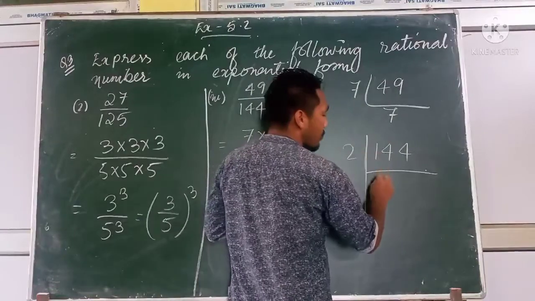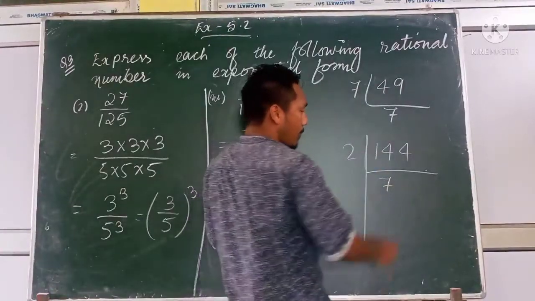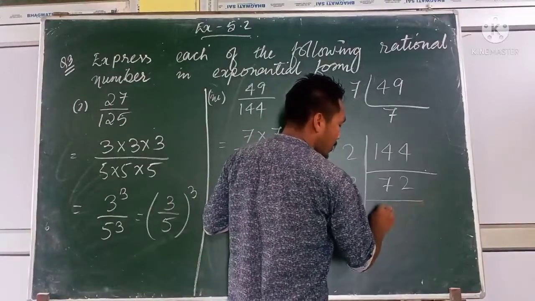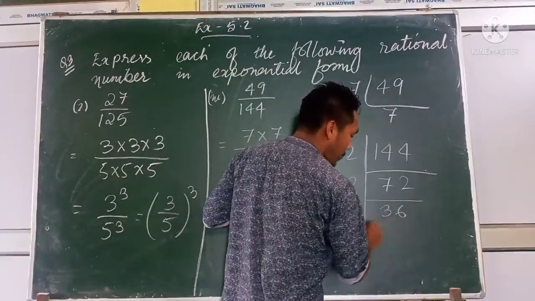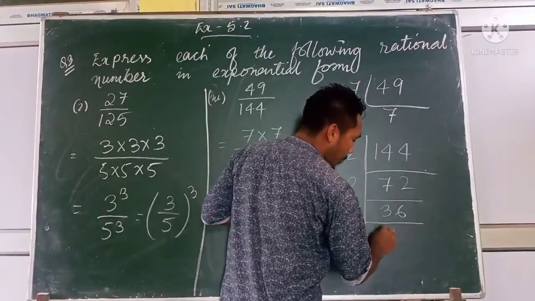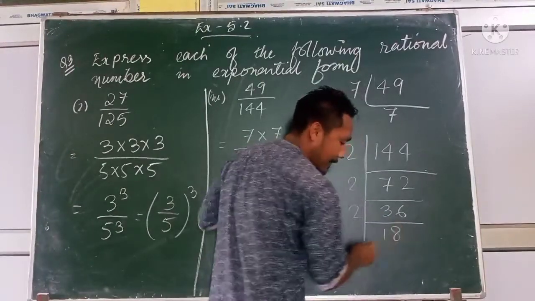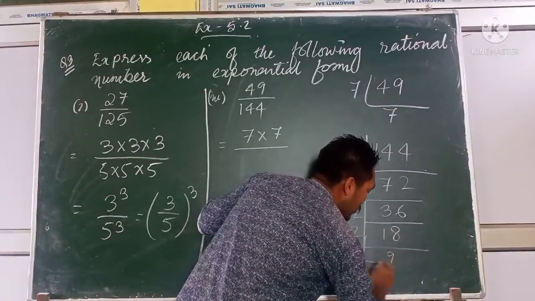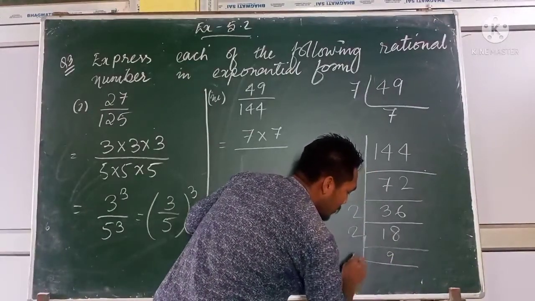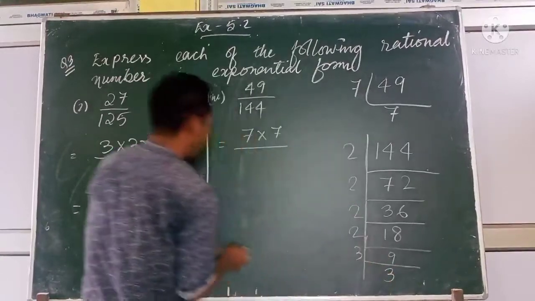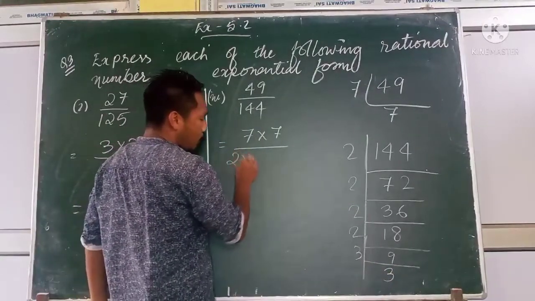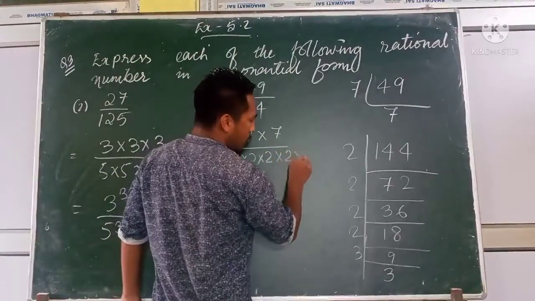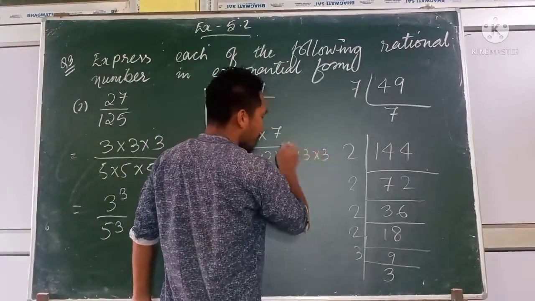Start with 2. 2 7s are 14, 2 2s are 4, 2 3s are 6, 2 6s are 12, 2 1s are 2, 2 8s are 16, then 2 9s are 18, 2 3s are 6, 3 3s are 9. So I can write 2 into 2 into 2 into 2 into 3 into 3.